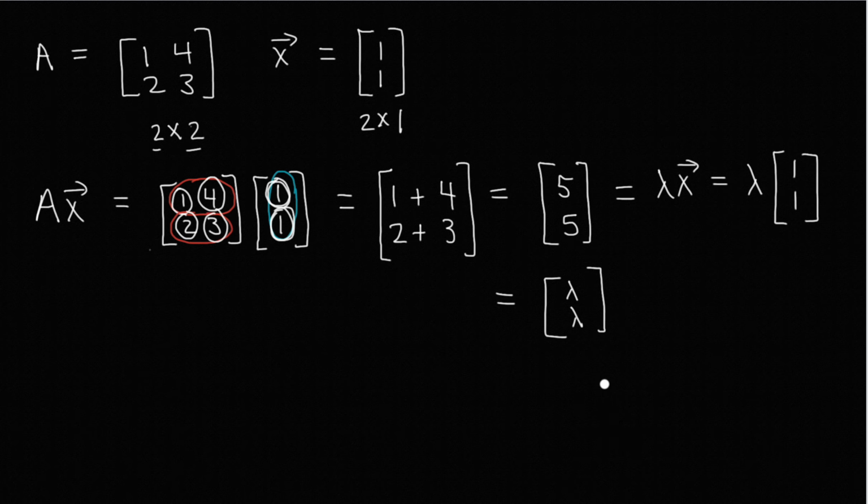So now we can match our lambda with our column vector up here. And what this means is lambda must be equal to 5. So for our matrix A, we know that our eigenvalue is going to be 5 when our eigenvector up here is 1, 1. So that's what eigenvectors and eigenvalues are all about.